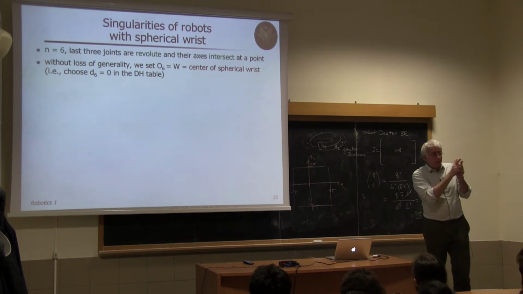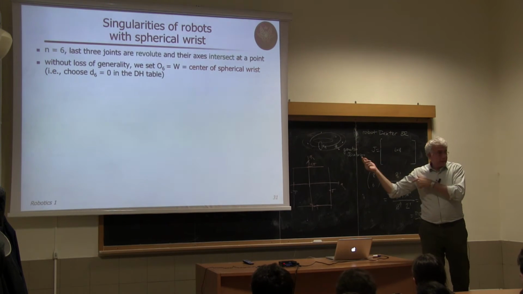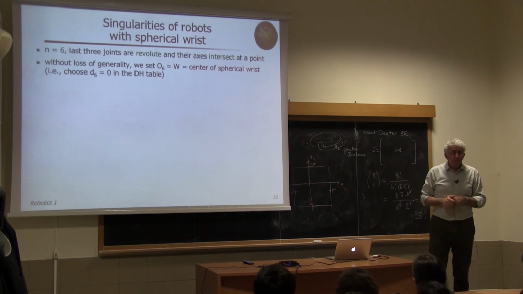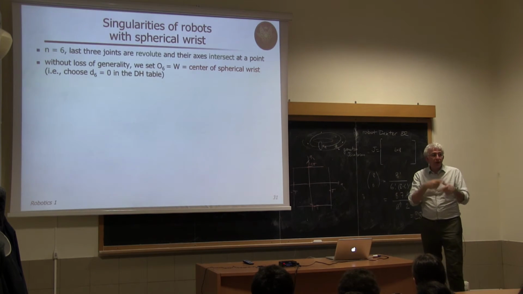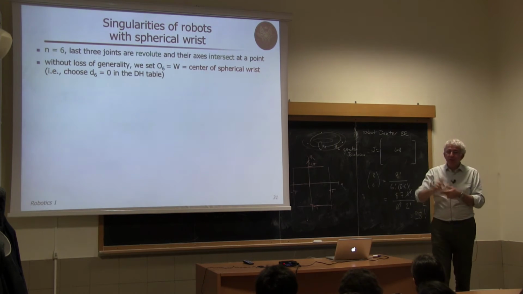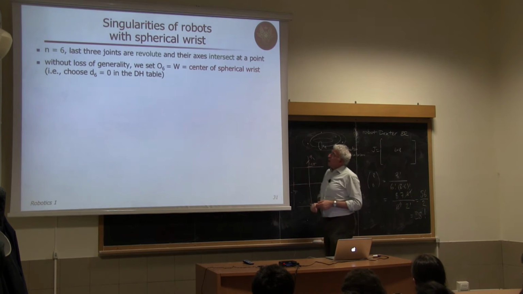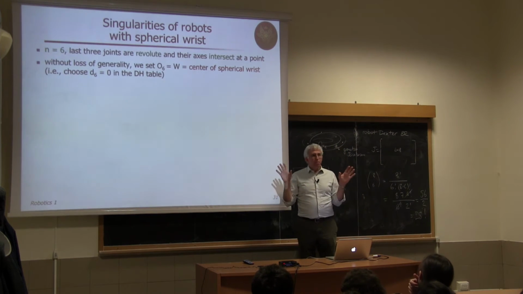Of course, the position of this frame depends only on the first three joint variables. But its orientation still depends on all 6 variables, because if you change q4, q5, q6 of the spherical wrist, you will reorient this end-effector frame, even if it's placed in the center of the wrist. Okay, so this is the situation.